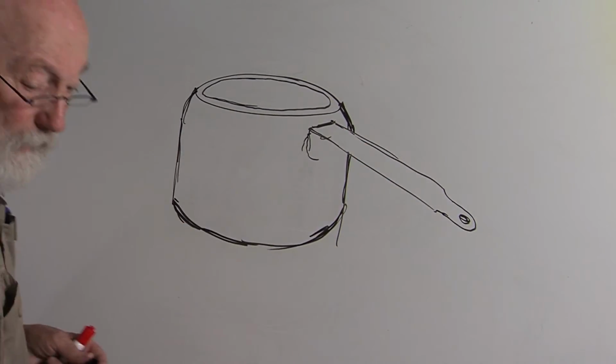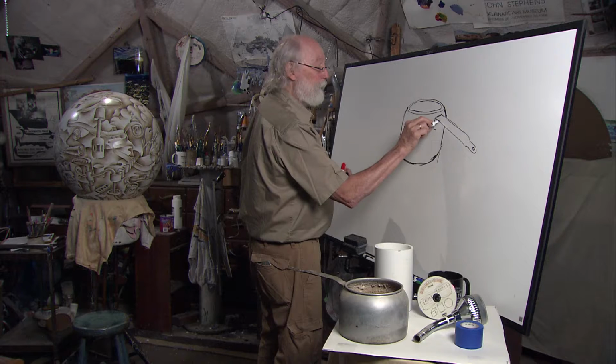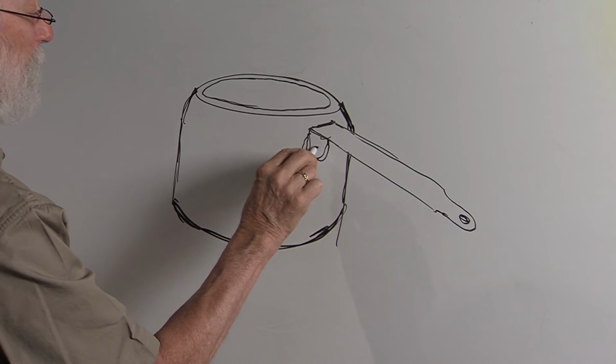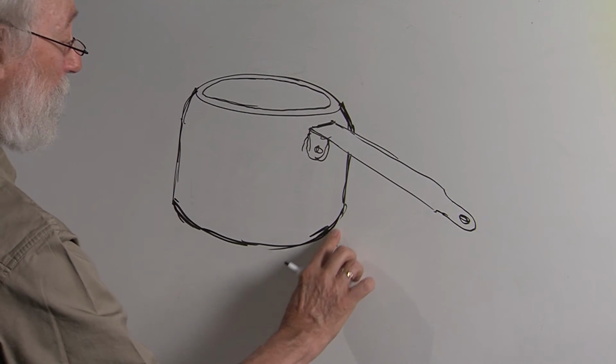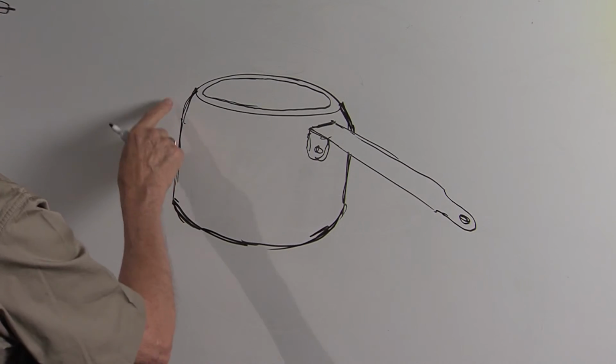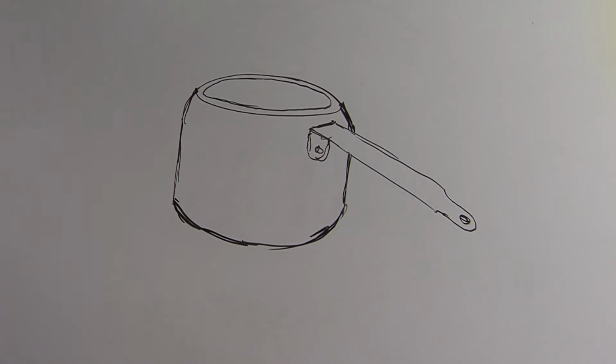Okay, we got a handle, and the bottom goes down like this, attaches up above, and has a little rivet right there. That looks pretty good. Kind of pleased with that one. A little touch up here.